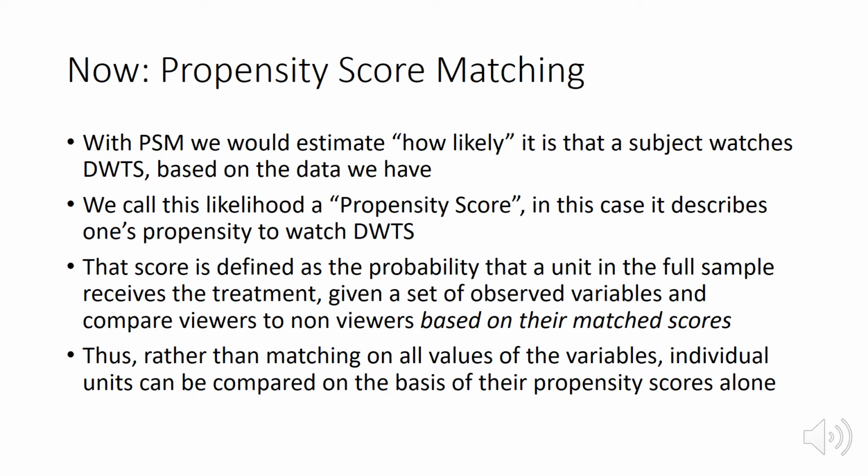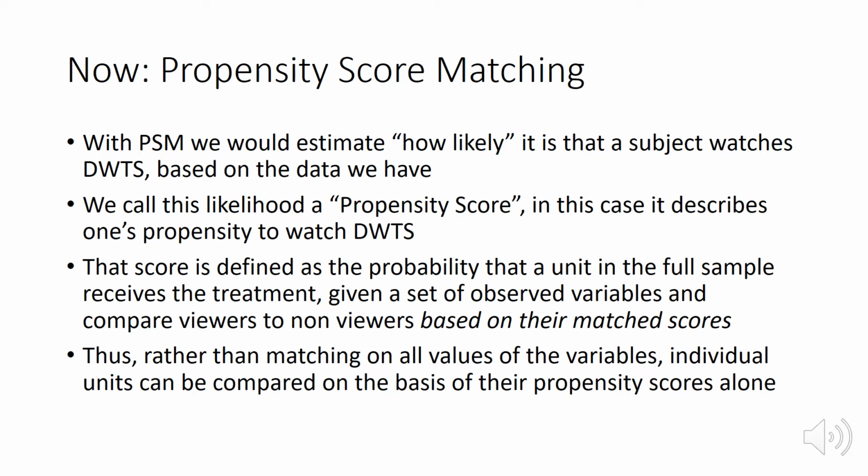With propensity score matching, what we're doing is trying to simulate an experiment without actually running one. What does that mean? It means rather than assign half of you to watch Dancing with the Stars and half of you to not, we estimate how likely it is that you do watch Dancing with the Stars based on some observable data.